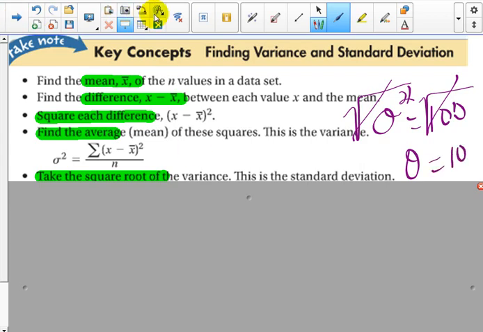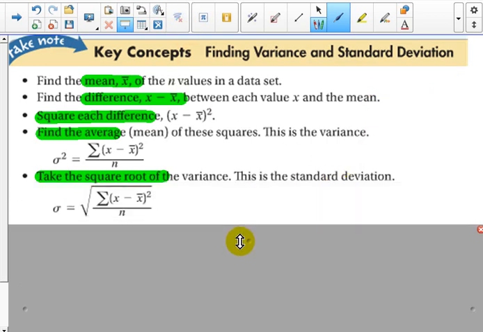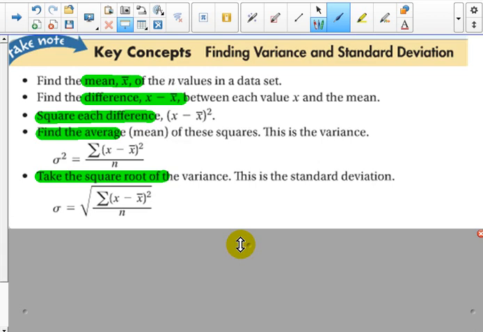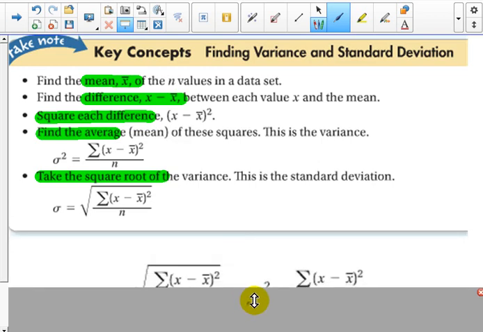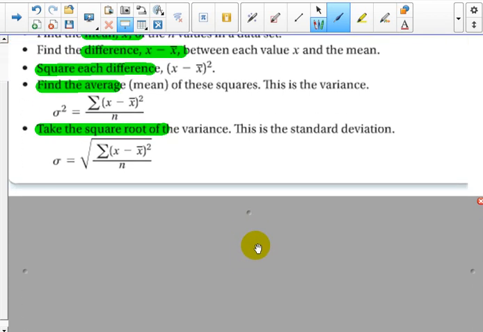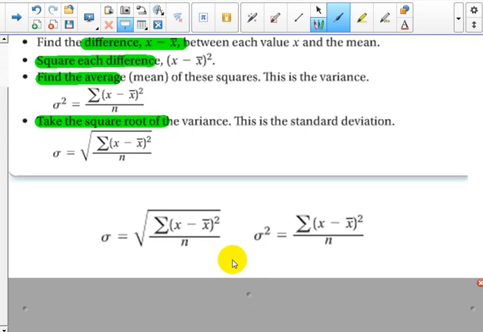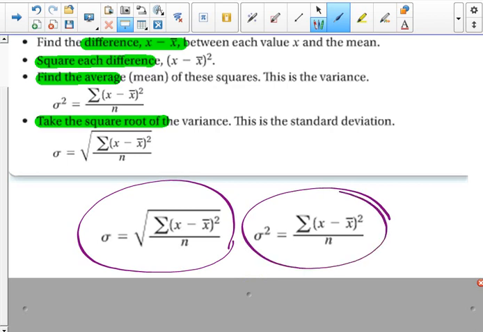Okay, so once you get the variance, the standard deviation is the square root of that. And that's everything we're using today. And I copied the formulas again down there. Again, sigma and sigma squared. Sigma squared is our variance, and sigma is our standard deviation.